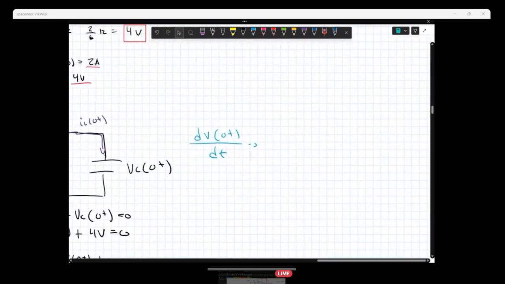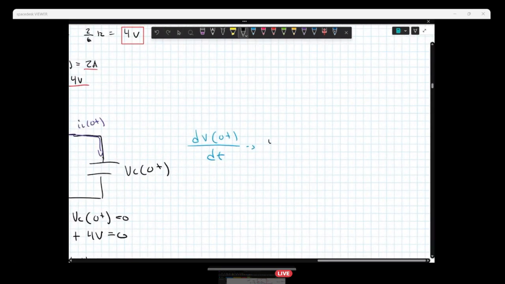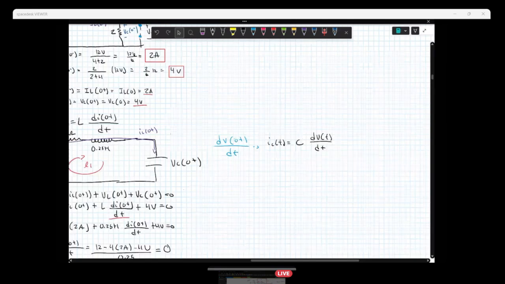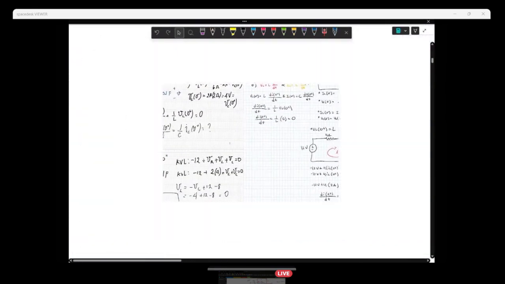Okay, so we know we can use this relation: I of C of t is equal to C dV over dt. And I think she used the same equation.